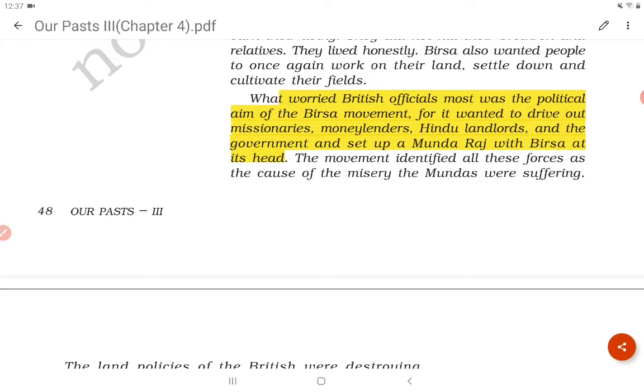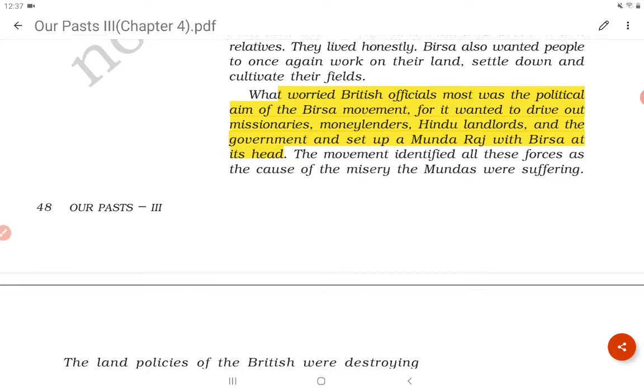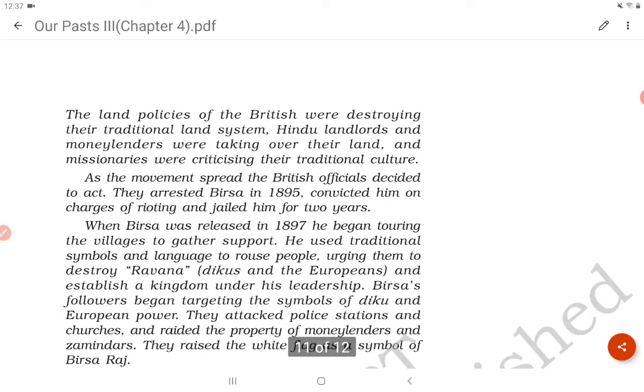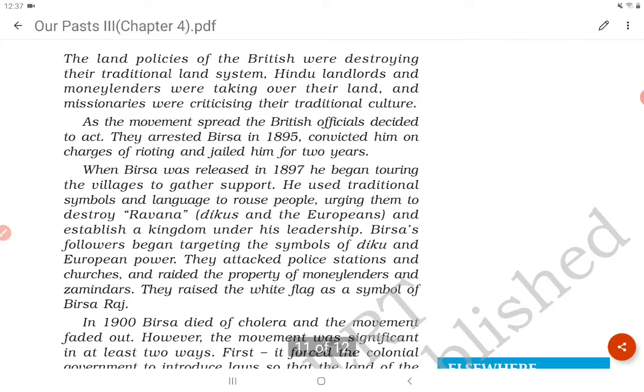The movement identified all these forces as the cause of the misery the Mundas were suffering. The land policies of the British were destroying their traditional land system. Hindu landlords and moneylenders were taking over their land, and missionaries were criticizing their traditional culture.